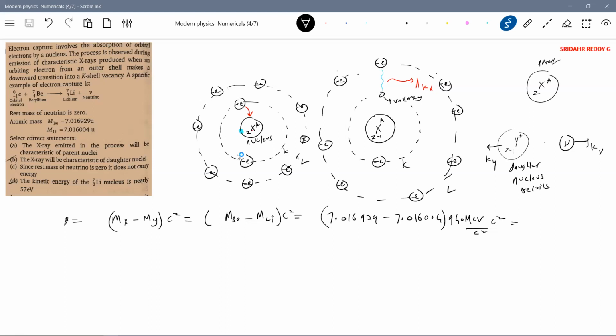This much energy is available. Now the energy is shared, so the momentum of the daughter should be equal to the momentum of the neutrino.